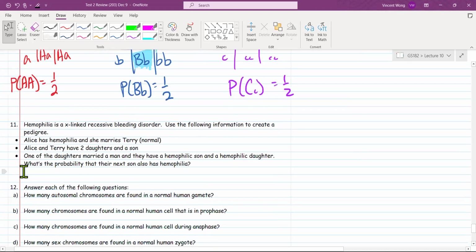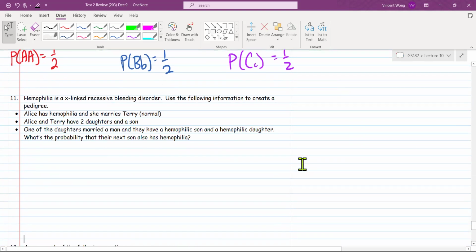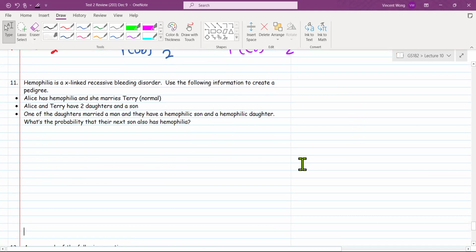Next. Hemophilia is an X-linked recessive bleeding disorder. Use the following information to create a pedigree. Okay, so let's see. Alice has hemophilia and she marries Terry. So there is going to be Terry and this is going to be Alice.